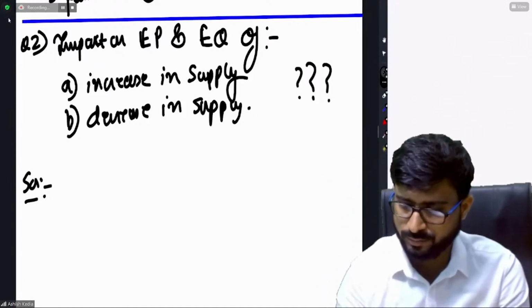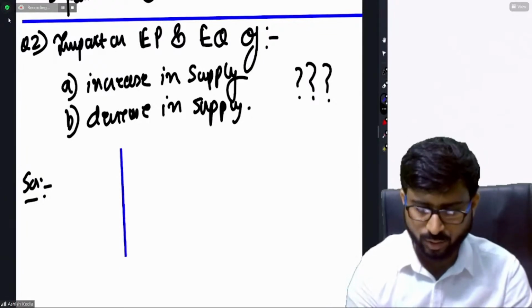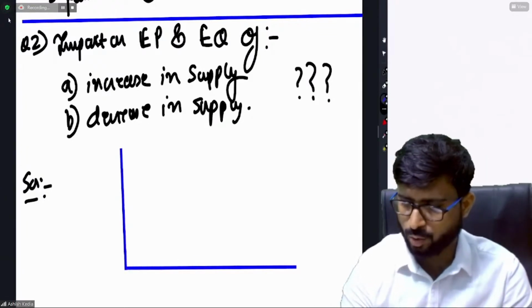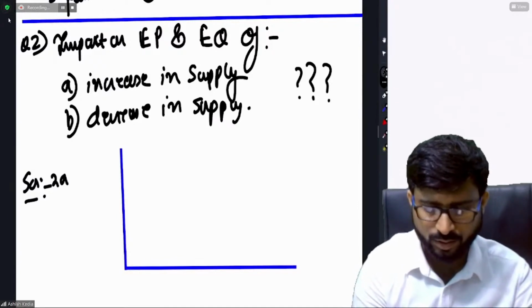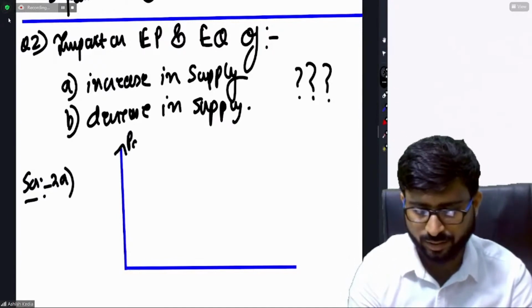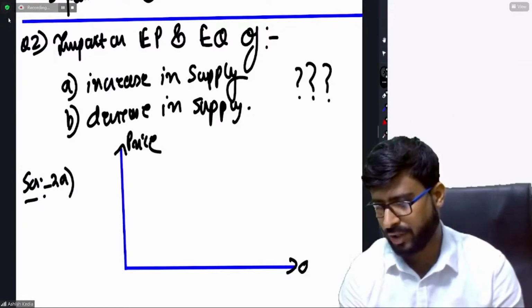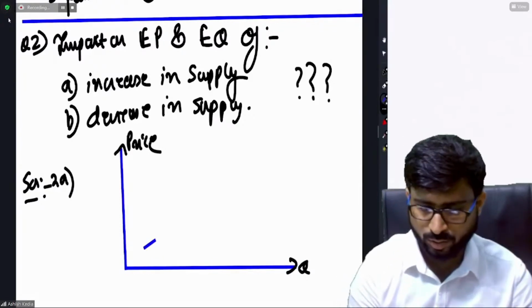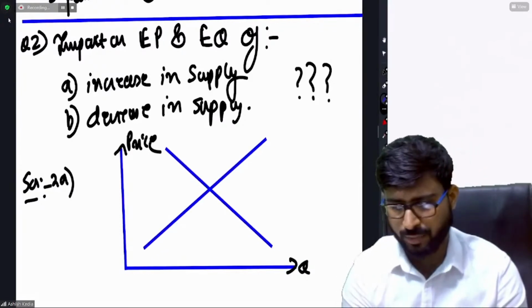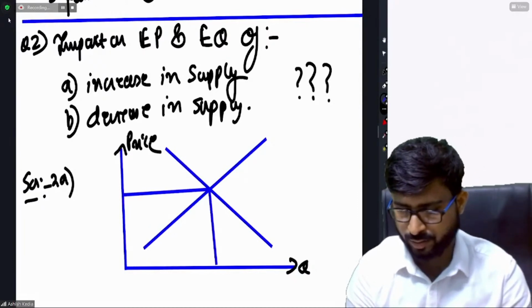Correct. So see, first the original condition. Two-way. Very good. Price, quantity, supply, demand.